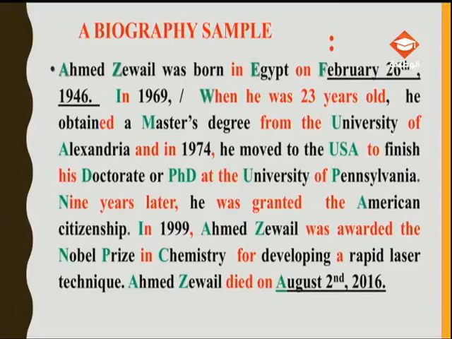He obtained a master's degree from the University of Alexandria, and in 1974, or we can, for example, instead of saying in 1974, we can replace it by 5 years later. He moved to the USA. Why? To finish his doctorate or PhD at the University of Pennsylvania.